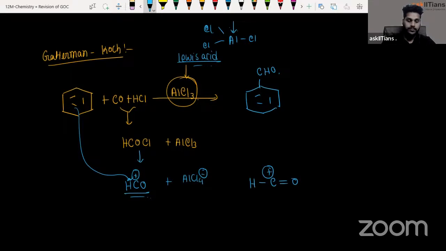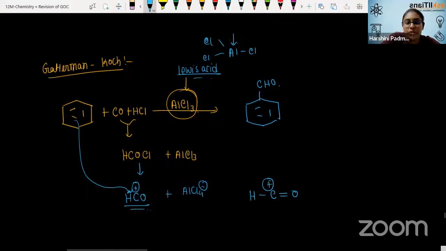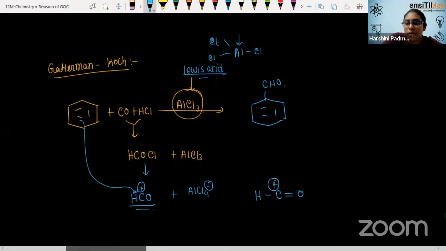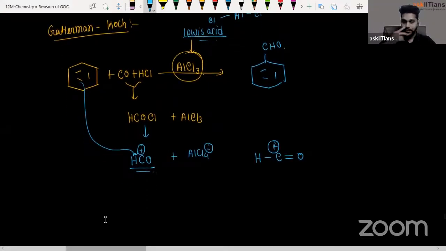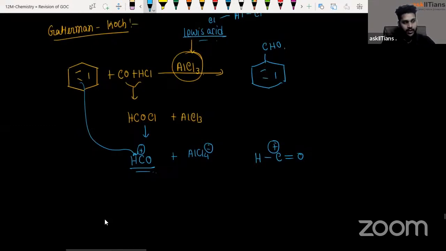So that is how we get the cation. Is there any name for this intermediate? You can call it formylium ion, but when you have a CH3 in there, we call it acylium. As this is not acetyl, not from an acid, it's H, so we can call it formylium ion.